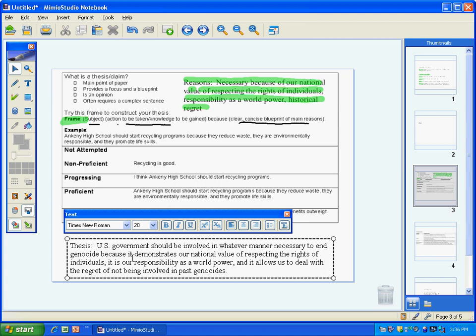Now looking at this, I notice that the it and the verb does not refer back to any antecedent. And so what I need to do is change the it to involvement.